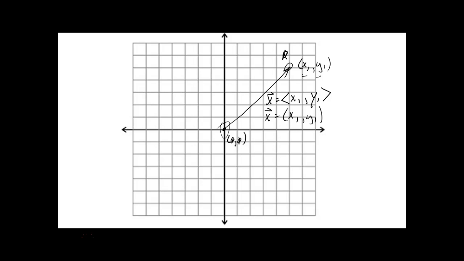In this text, however, he uses parentheses. And you have to go by context. If he's referring to a vector, those are components. If he's referring to a point, those are coordinates. And the trouble is they're the same numbers quite often. Same ordered pair can either represent the vector or represent the point, terminal point.